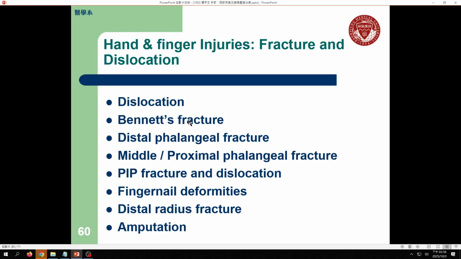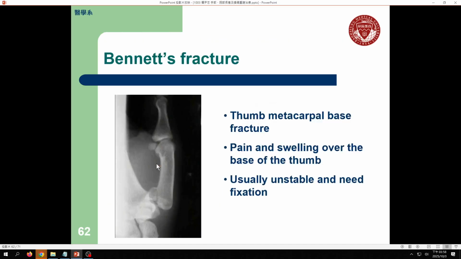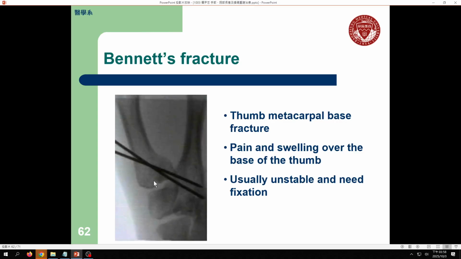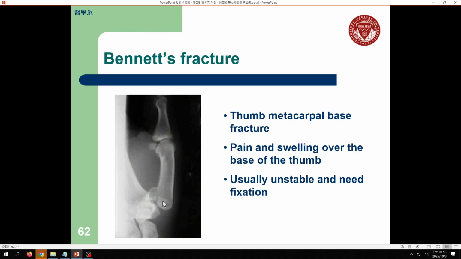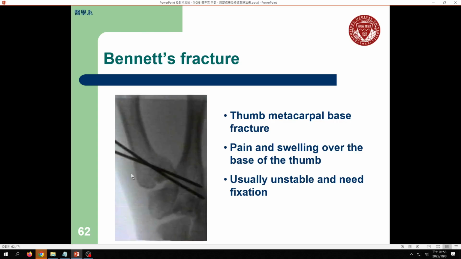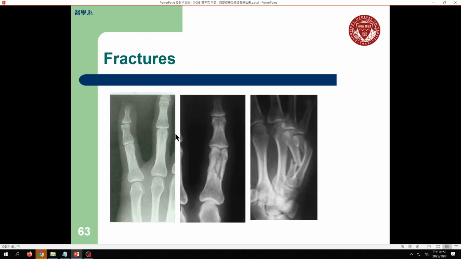And the other one is fracture and dislocation. What I want to say is that thumb base fracture, you need to fix it because that's an oblique one, so easy to displace again. So most of them have to receive pin fixation, okay? And the other one, the fingers: phalanx fracture, carpal bone fracture, and the principle.